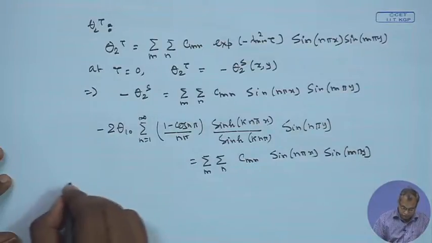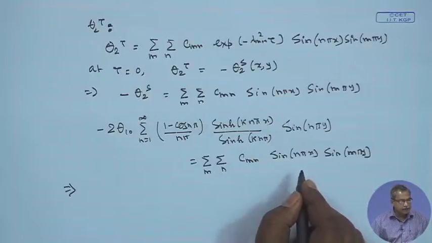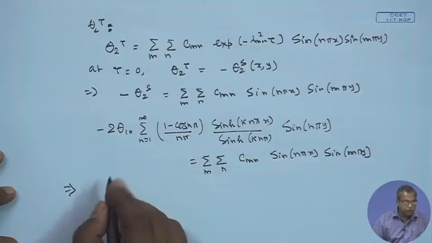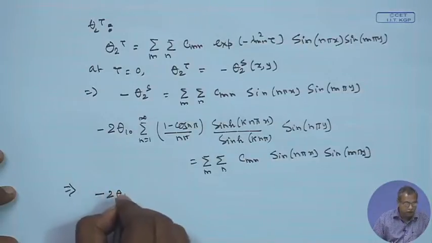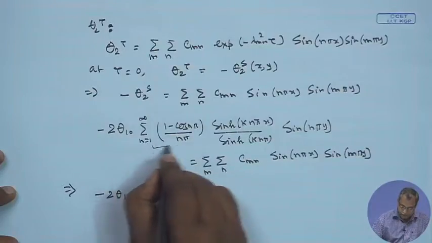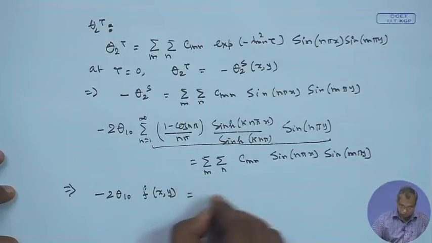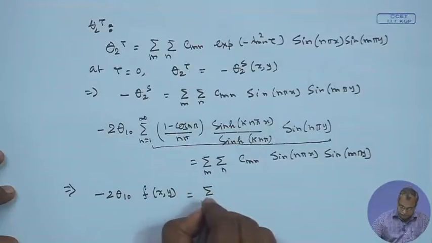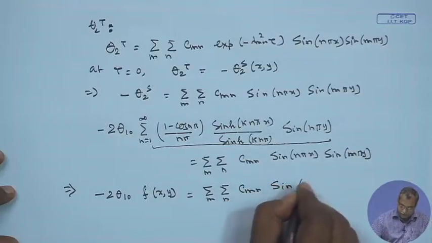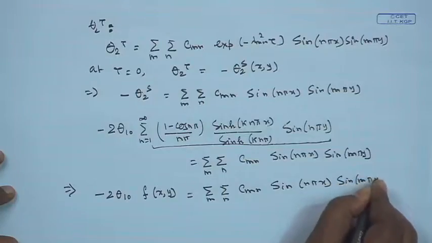and integrate. After opening the summation series, only one term will survive on the right hand side, and the others will be gone. So the left side will be minus 2 theta 1 naught times some function of x and y. So I write some function f of x and y as equal to the summation over m and n of C_mn sin n pi x sin m pi y.